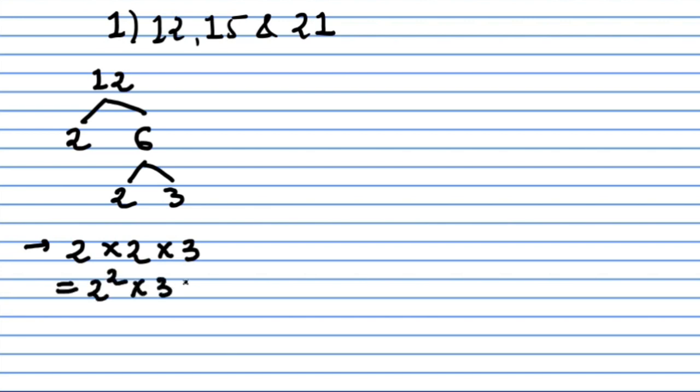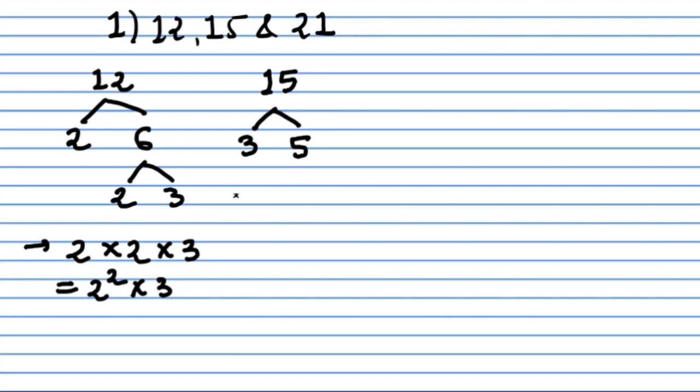This is for 12. Now 15 is an odd number, so I cannot divide it by 2, so we will try with 3. I know the table of 3: 3 fives are 15, and 5 is a prime number, so there is no division further.